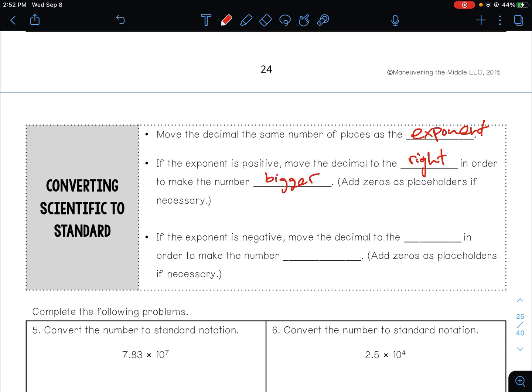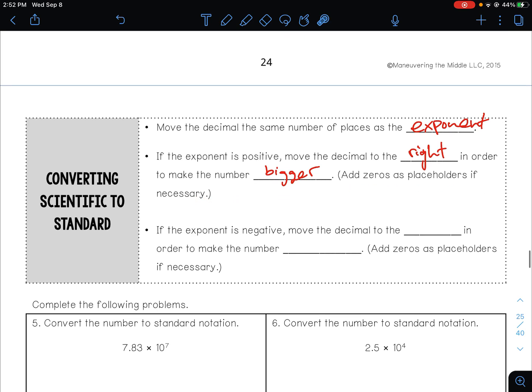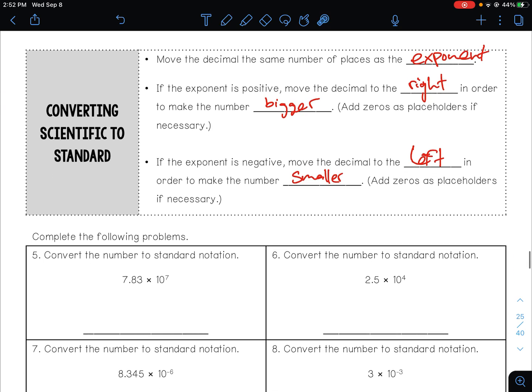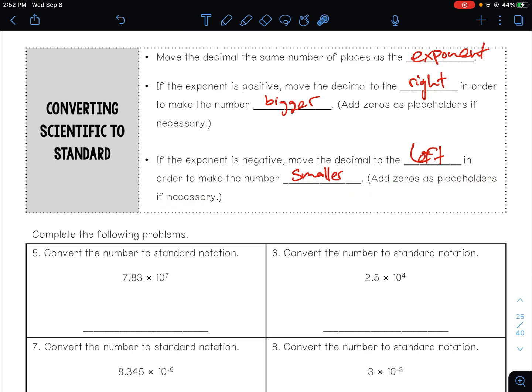Add zeros as placeholders if necessary. Now, if the exponent is negative, move the decimal to the left. Sorry, that's an ugly left. In order to make the number smaller. Remember, negative exponents, you should have a small answer. Again, add 0 placeholders if necessary.